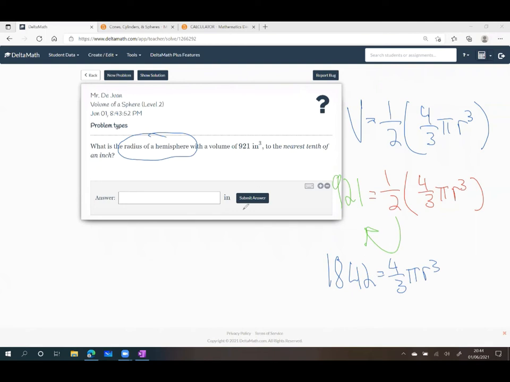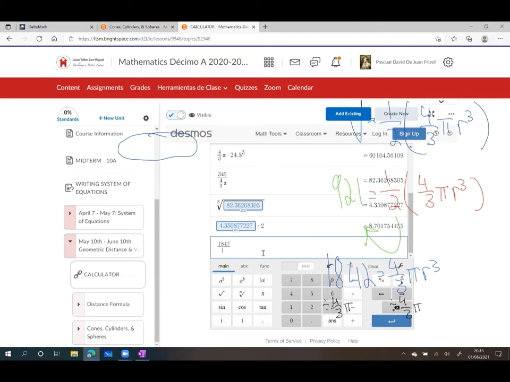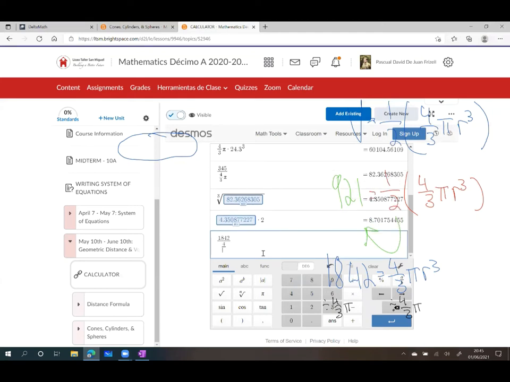What do we do now? Well, now we're treating it like a sphere. We're going to divide 1842 by 4/3 pi, just like we did earlier. And that's going to give us a result in the calculator of 439.74. Excellent. What do we do now?